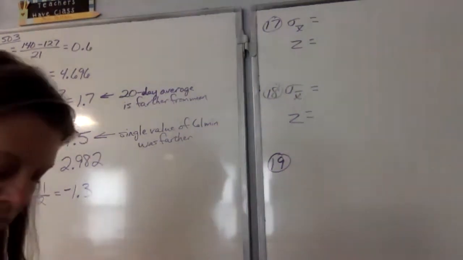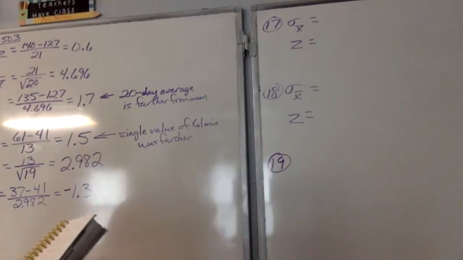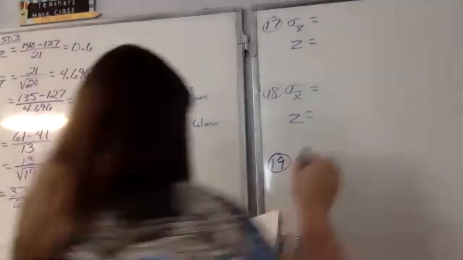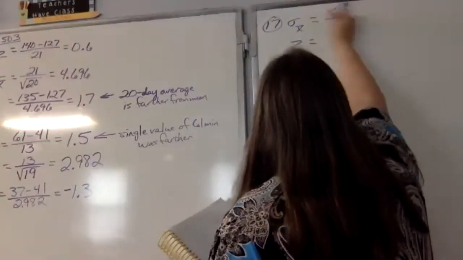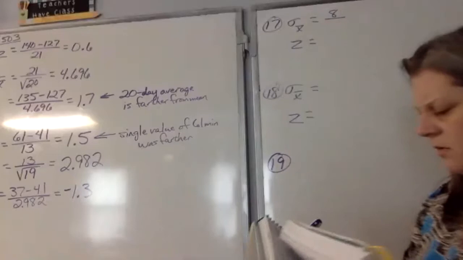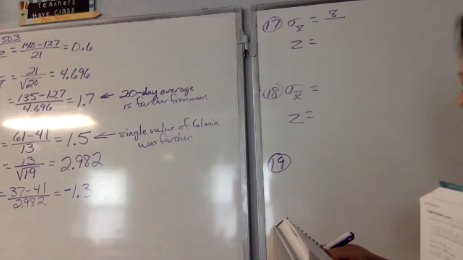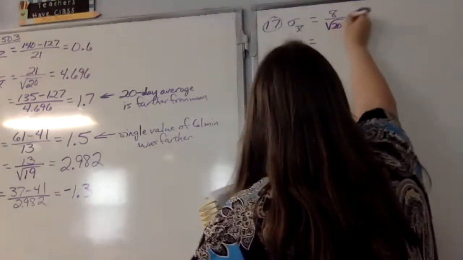So our standard deviation that you had was how many minutes? 8. So we're going to have 8 over, and then how many people was it? 20? A random sample of 20 students, yeah. So square root of 20.